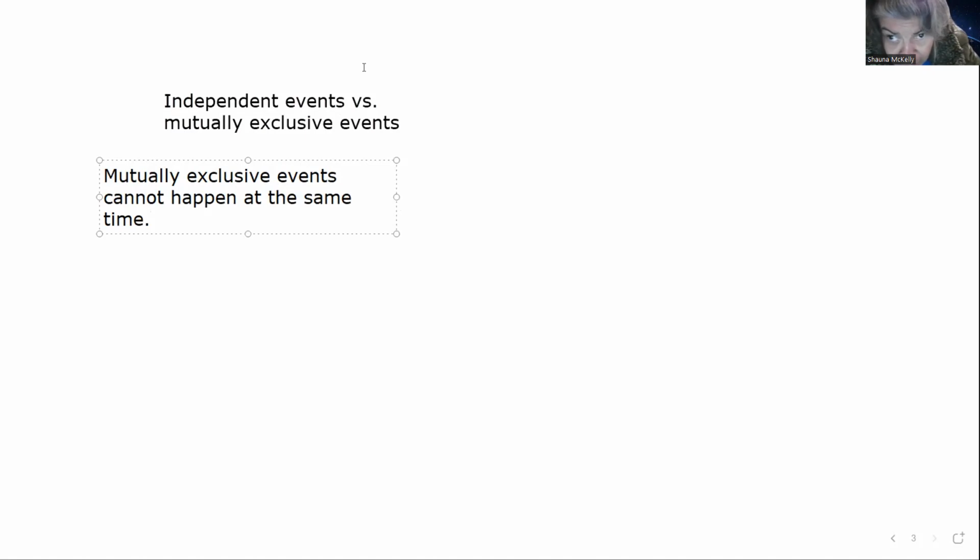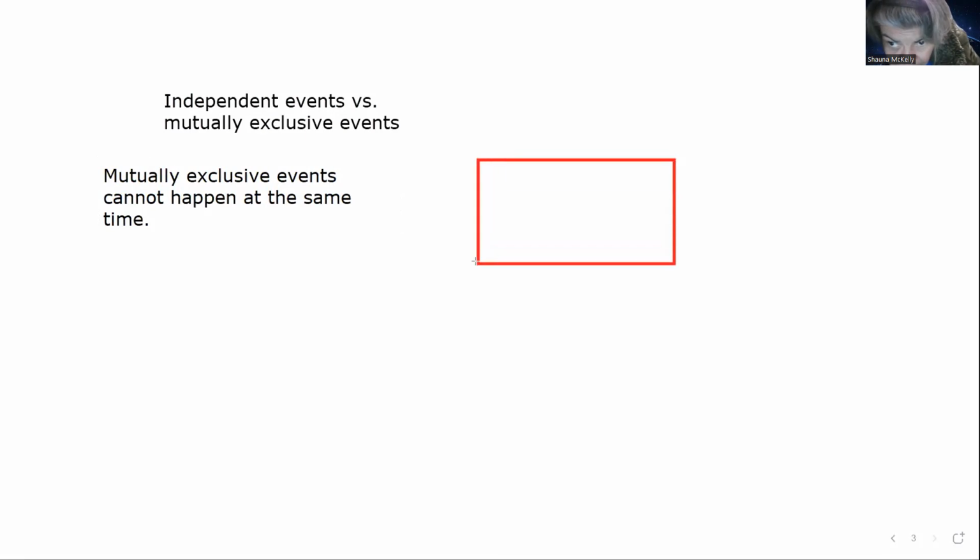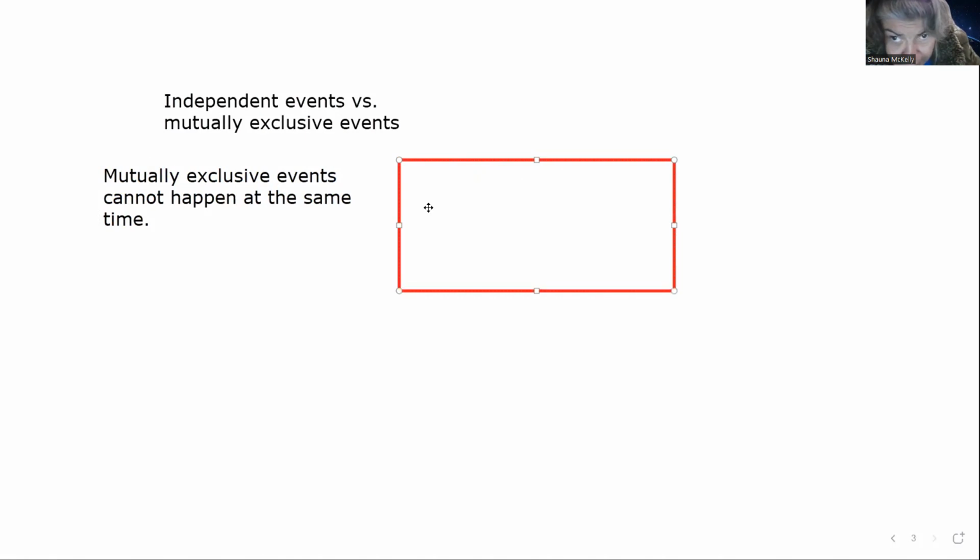Let me draw a loosely constructed Venn diagram. We have a rectangle, and then we have two circles. So here's a circle, and there's another circle over here.